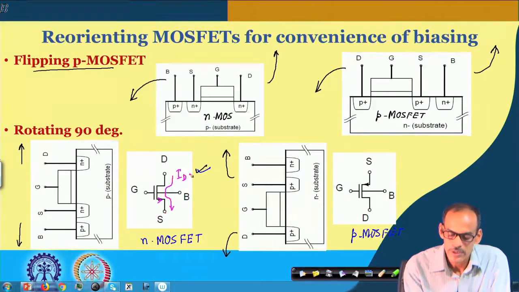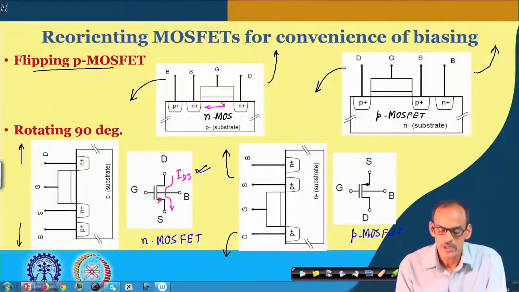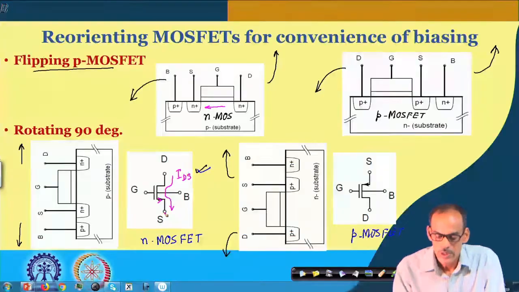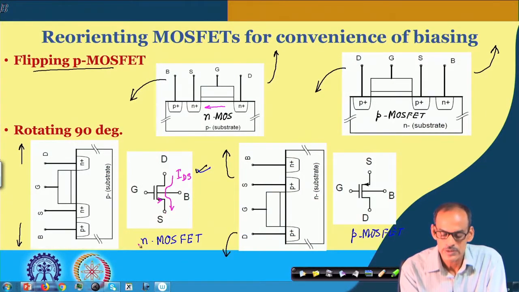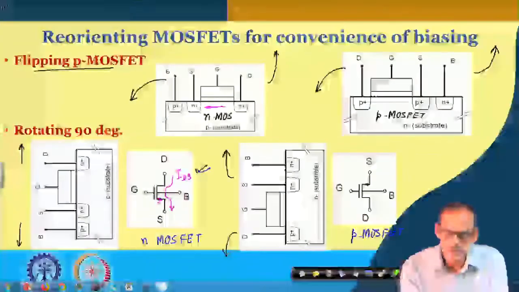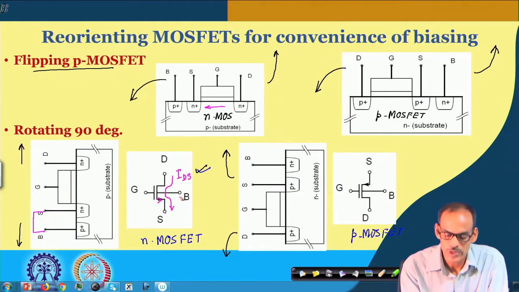You may recall that the current flows from drain to source, IDS, though the electron moves from left to right, the current flows from top to down, basically drain to source. So, this arrow is consistent with the flow of the current, and then we also have the body, though the body we take along this line, but for our convenience we just show it like this. And in the biasing, most of the time, unless otherwise stated, we may connect the source and body together. So, we may connect these two together.